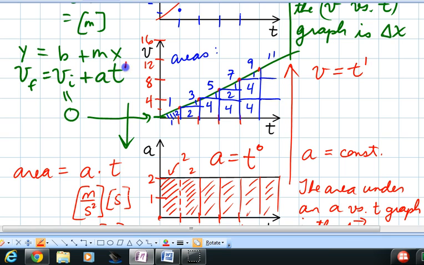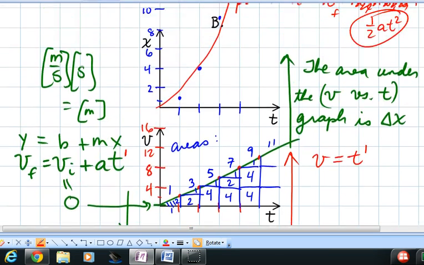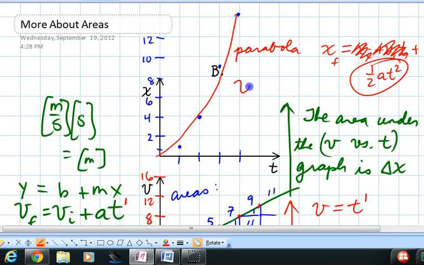And where's that 1? Well, it's right there. See the pattern? The next one is position x is something t to the second power. And there it is. So this is very interesting that this actually tells us a lot about what's going on.